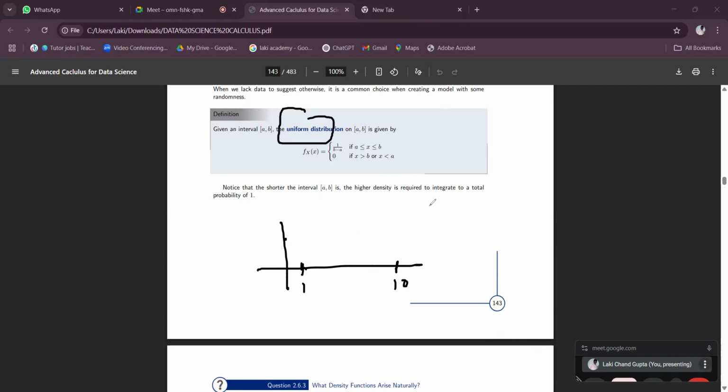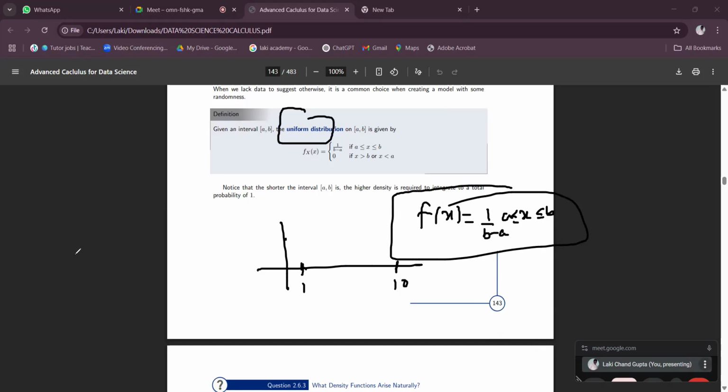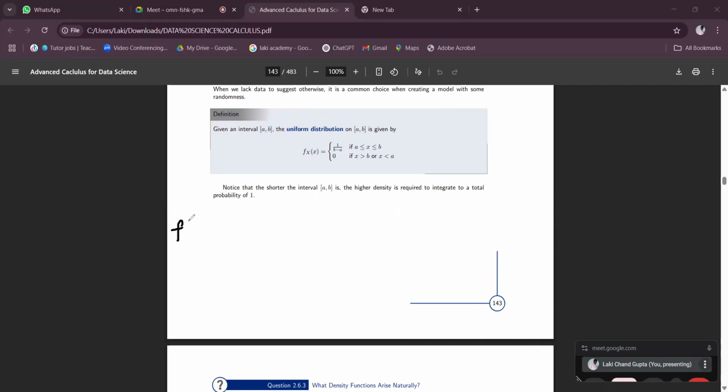So if x goes from a to b, then the value of fx will be 1 upon b minus a. This is important. One upon b minus a.